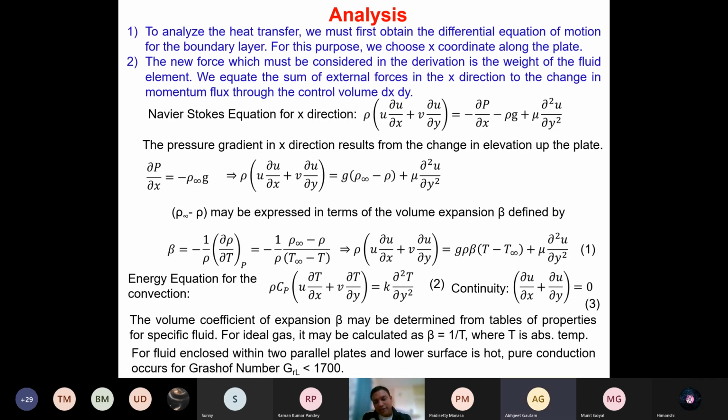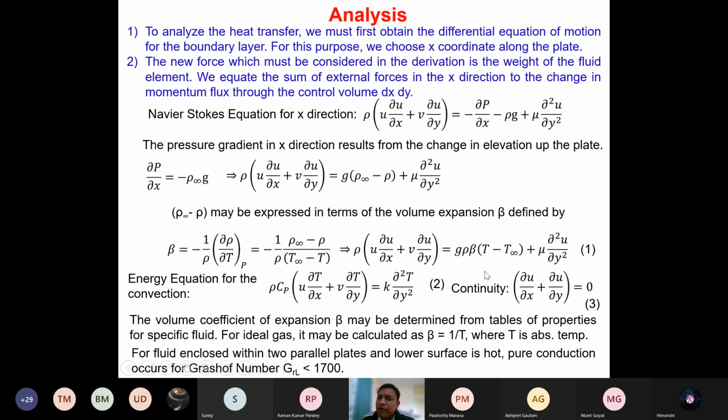Yes, sir. So another thing to appreciate before we move to the next slide is, even though we are not going to look at this entire analysis, one important thing which we have understood in this slide is that, unlike forced convection, in natural convection the term which is going to become more important is nothing but this g into beta.